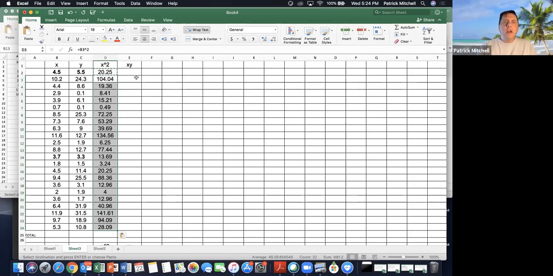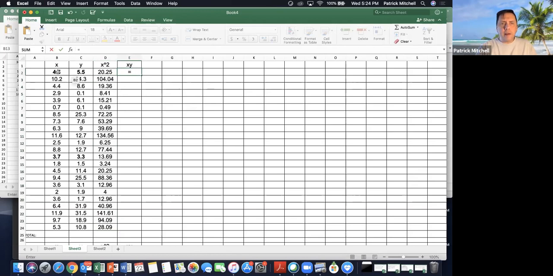Okay. So now I'm going to do something similar with XY. I'm going to put an equal sign, I'm going to reference this cell, and then I'm going to say times, and then I'm going to reference this cell. So it's telling Excel to multiply the two cells that are 3 cells to the left and 2 cells to the left.